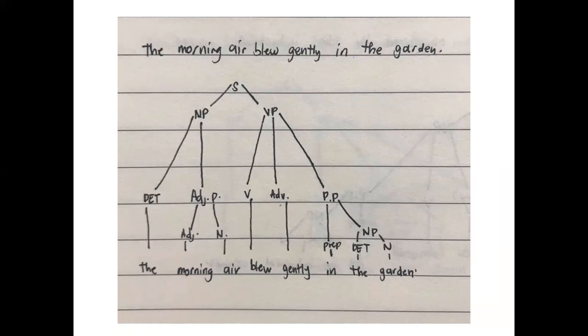It is understandable, it has a complete thought even if we exclude gently, but since gently is another part of the sentence and its role is to give justification or modification to the verb, it will become an adverb.